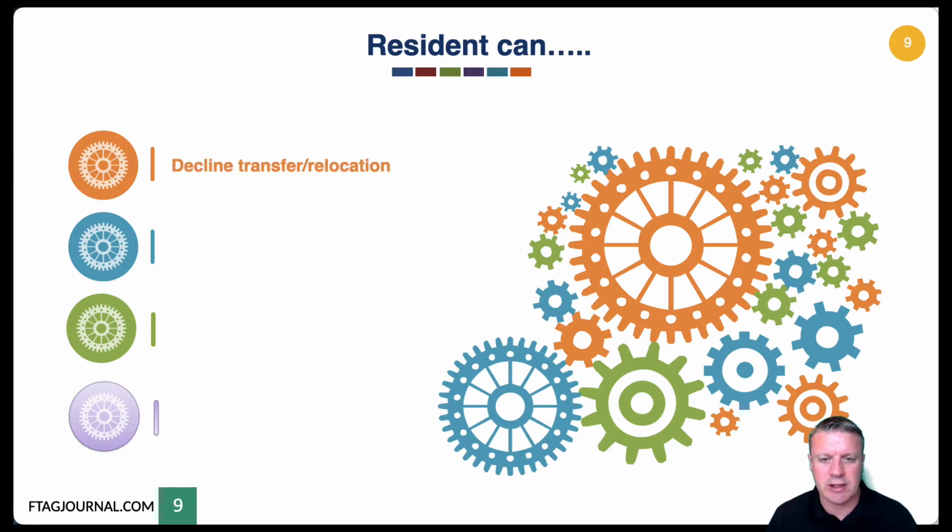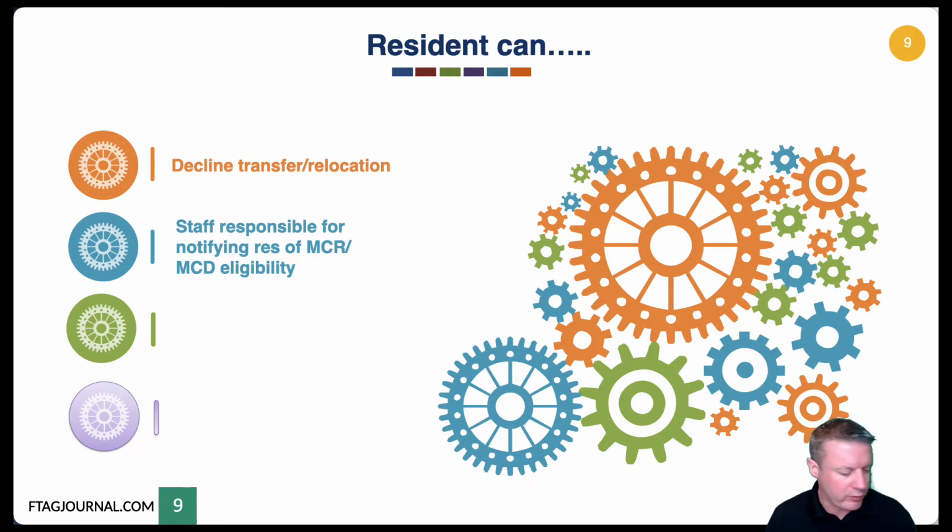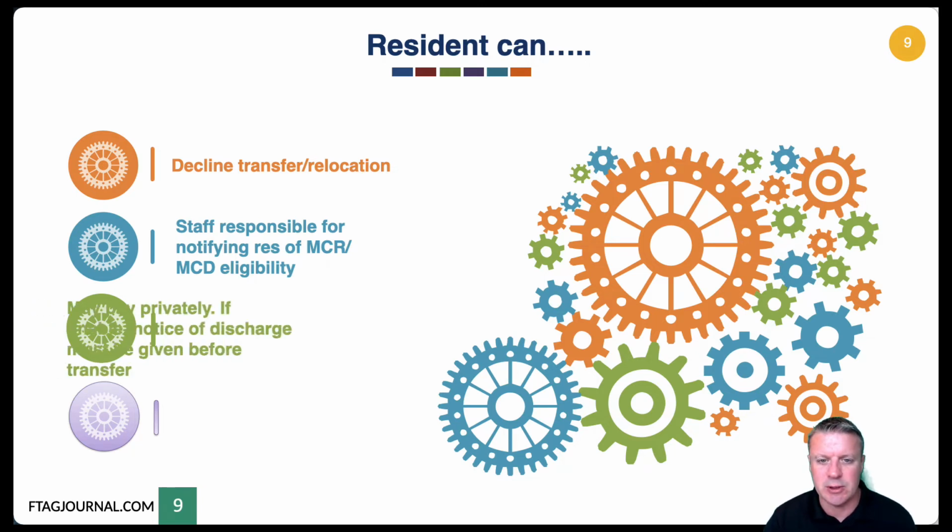So the resident can refuse that transfer, that relocation. If they do, then it is the responsibility of the staff and the facility to ensure that the resident or family representatives understand what the financial consequences are of refusing that transfer. So if there's any change in the Medicare or Medicaid eligibility because of where they are refusing to transfer to, then they have to inform them of those changes in eligibility.